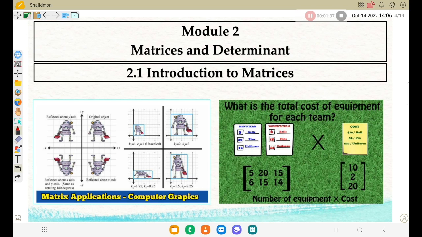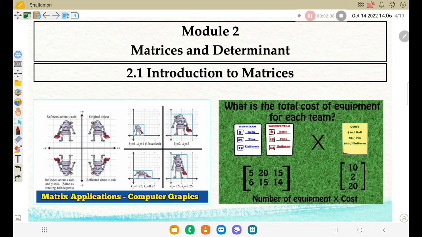Before starting the first section, you can see some of the applications of matrices in computing, correct? Matrix application in computer graphics, for example, reflection of an image, reflection along the x-axis, along the y-axis, and scaling. You can see some pictures here in scaling, one of the applications of the matrix.